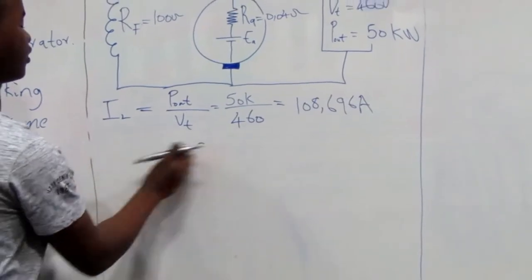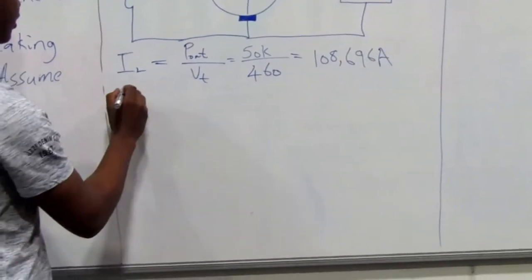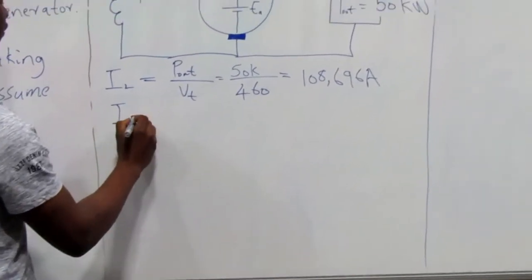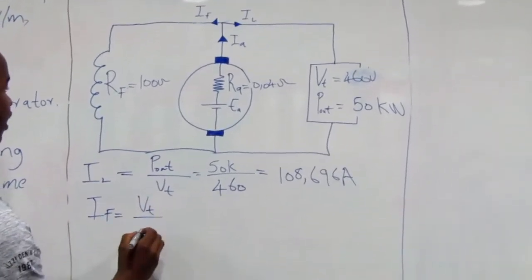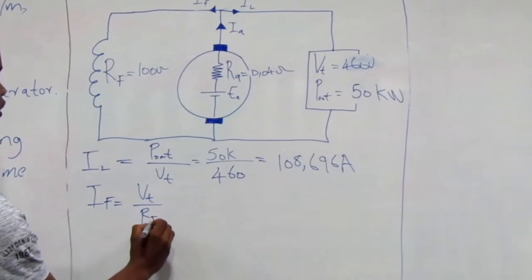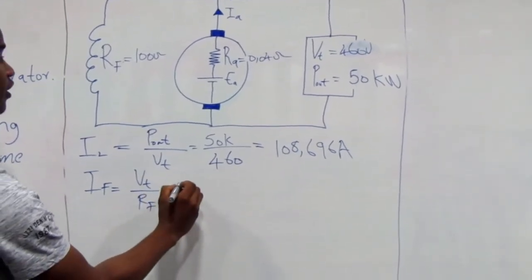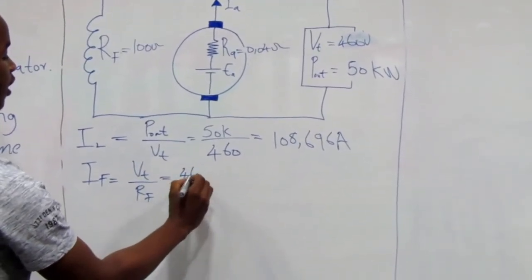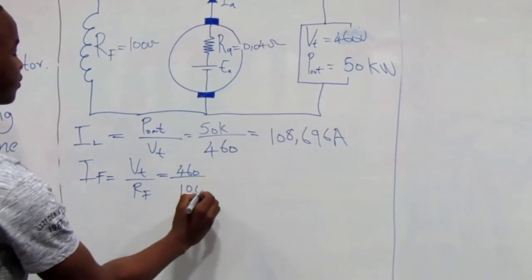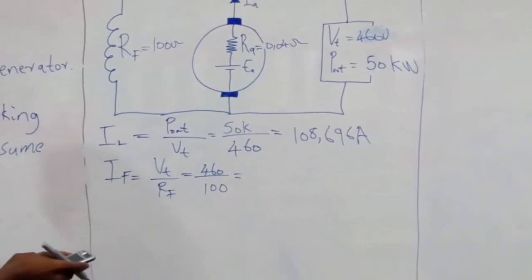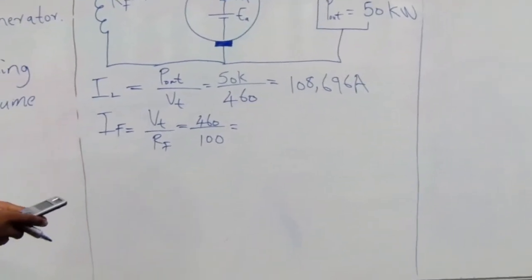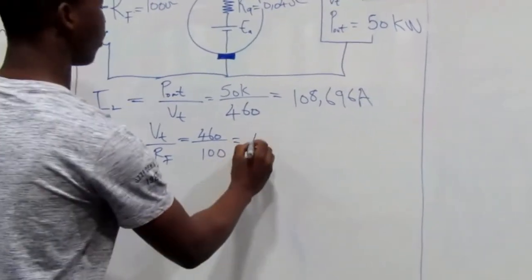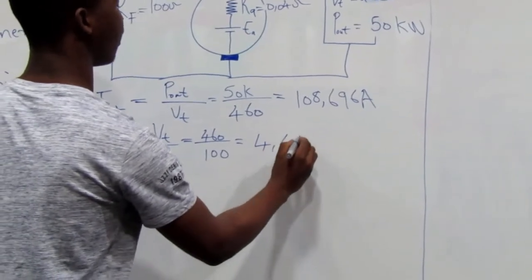So we go straight to the equation that says IF is equal to V terminal over RF, which is 460 divided by 100, equal to 4.6 ampere.